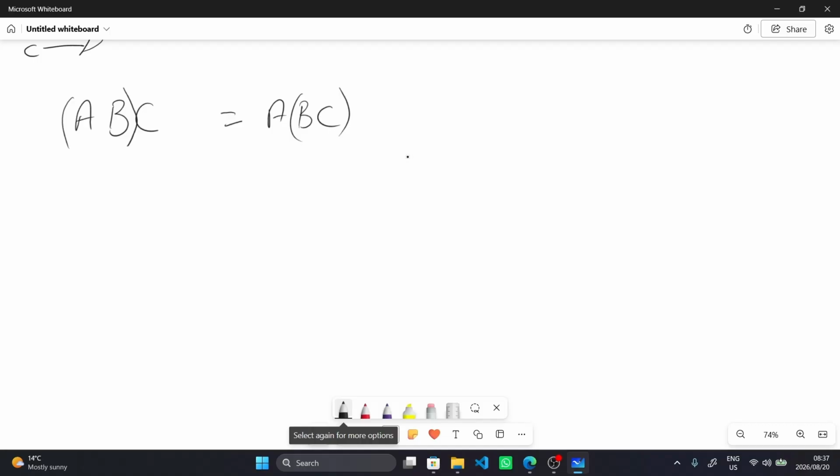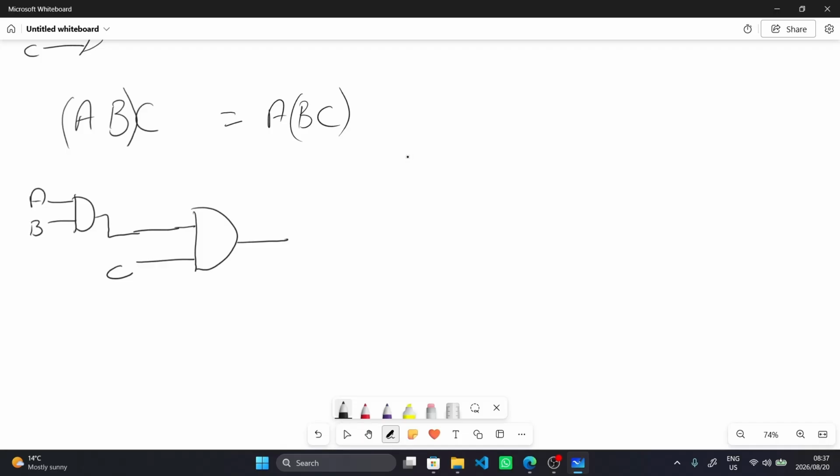So the circuit diagram will look something like this. We work our way back. We see C times AB, so we know it's an AND gate. So we have C here, then AB, A times B, so we have our second AND gate here.